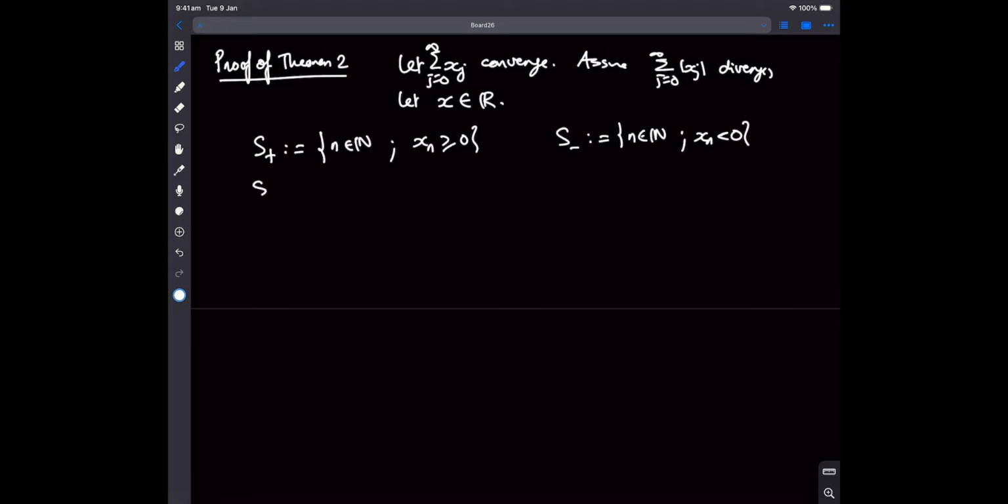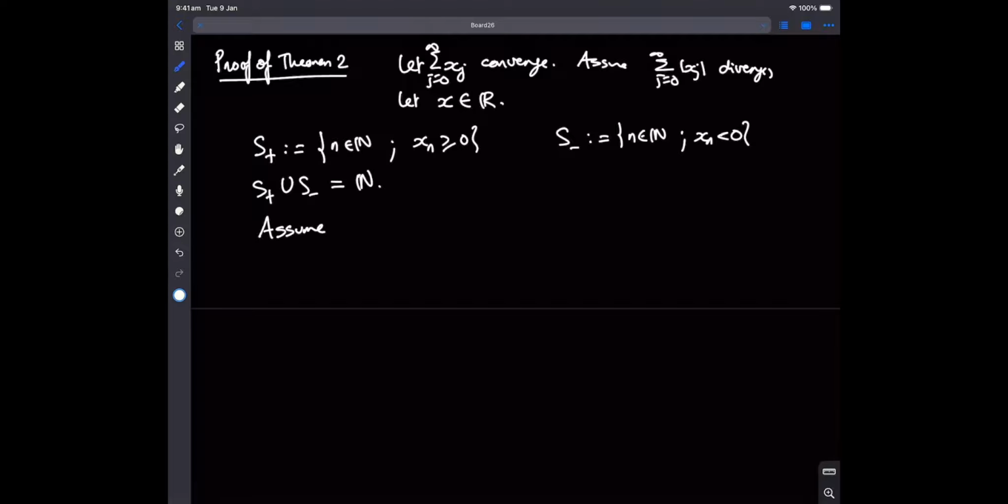And so, of course, the union of these two sets is exactly the naturals. Now, I'm going to point out that both sets have to be infinite, because here is what would happen if one of the sets were to be finite.